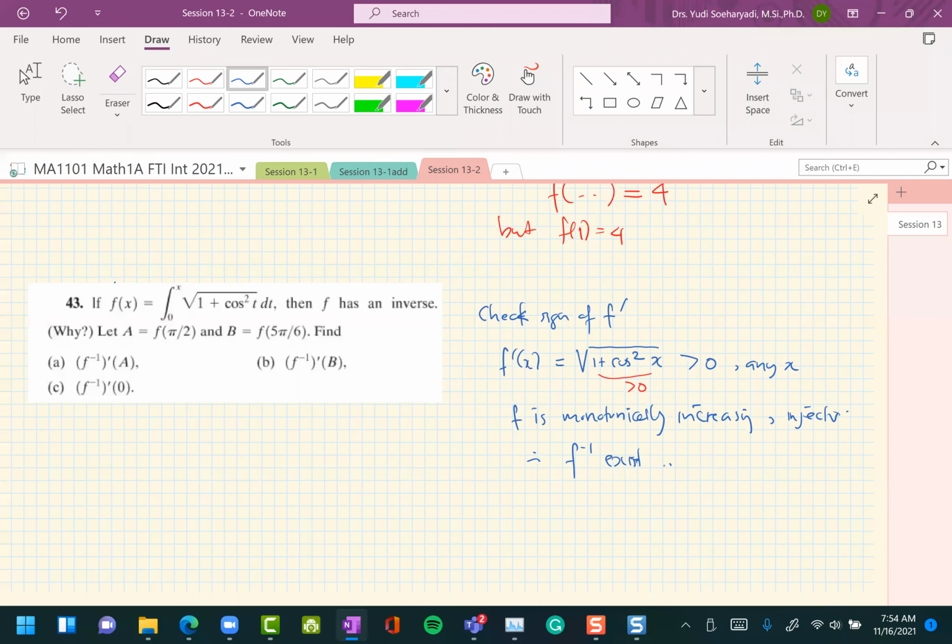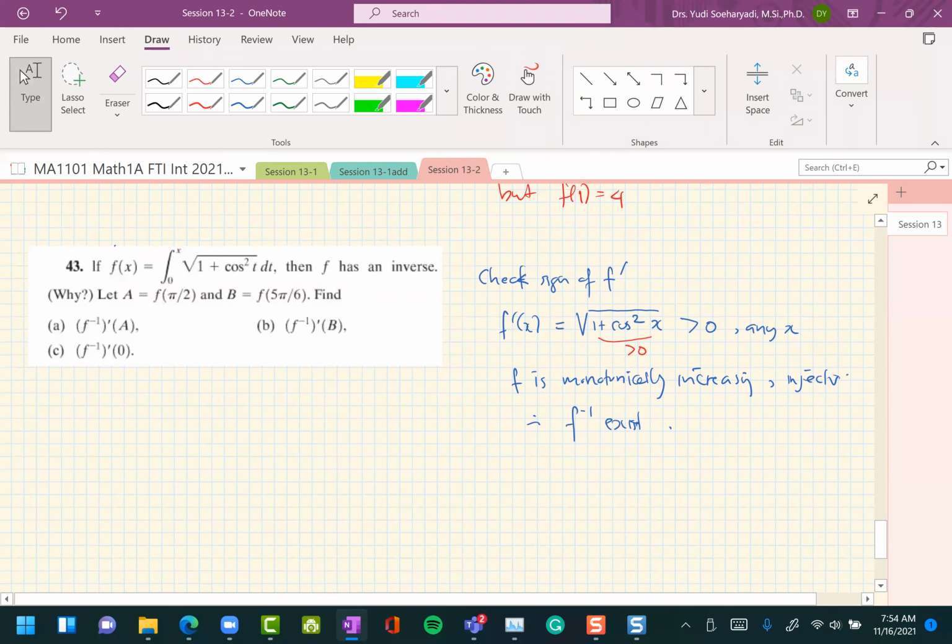Okay, and the question is to find the derivative of the inverse at a. So let's see, a is the image of pi over 2.